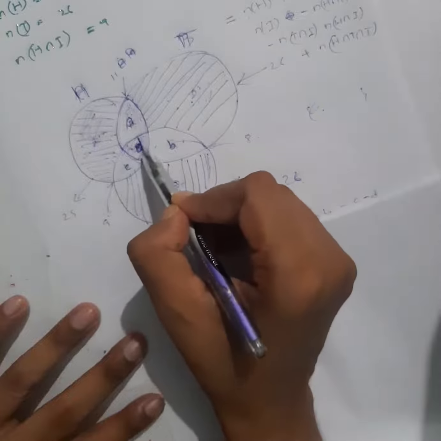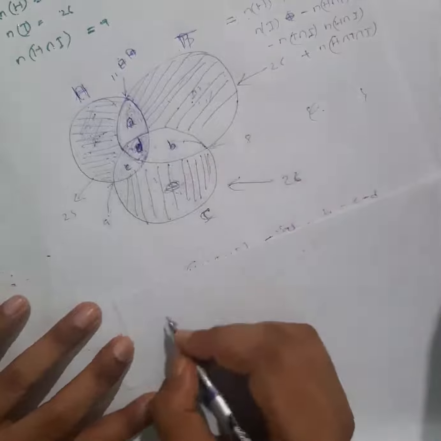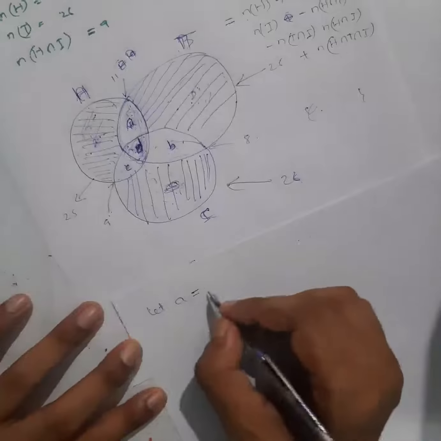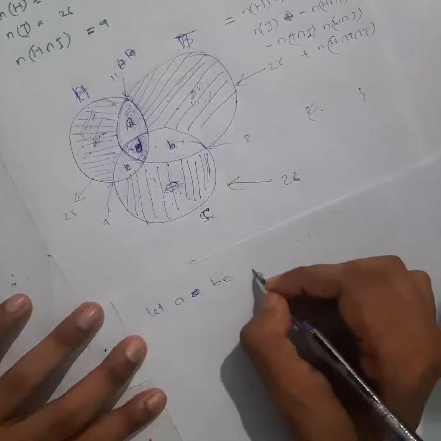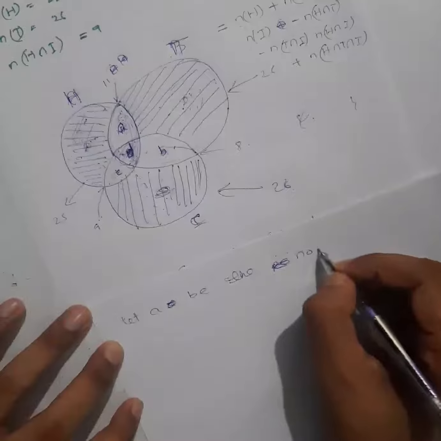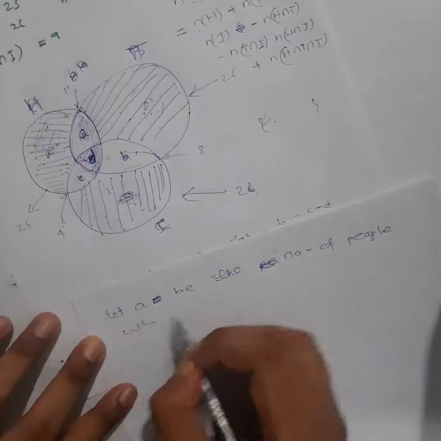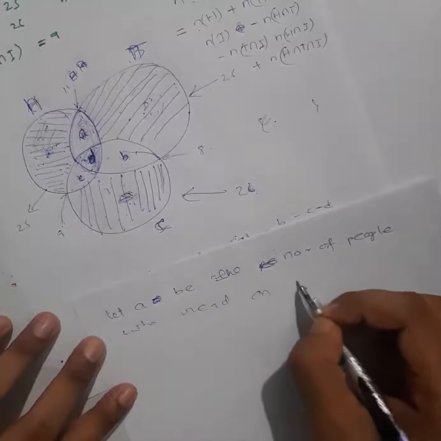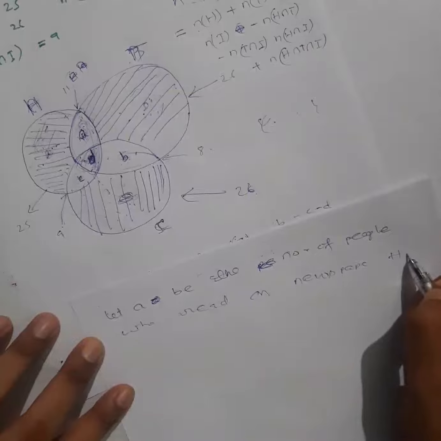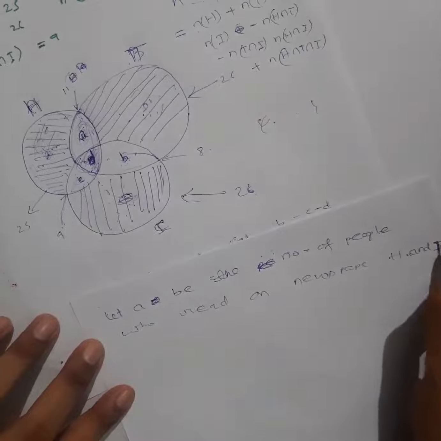But this portion also has I, so this portion is only H and T. So can I say, let A be the number of people who read only newspaper H and T. Only H and T, which people used to read?